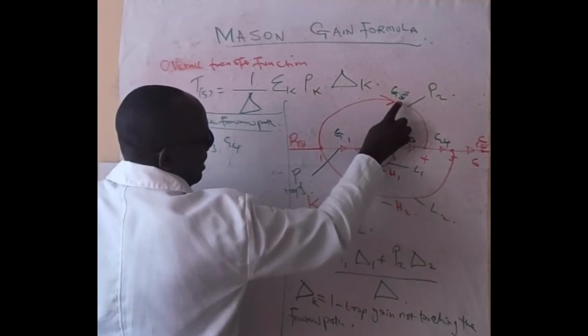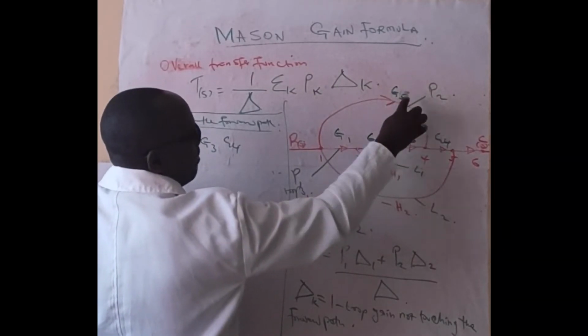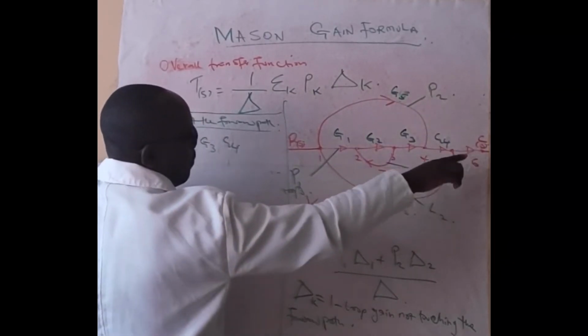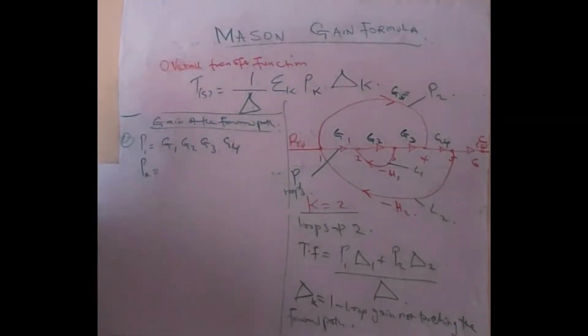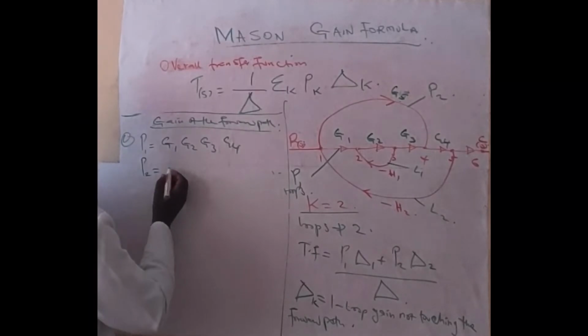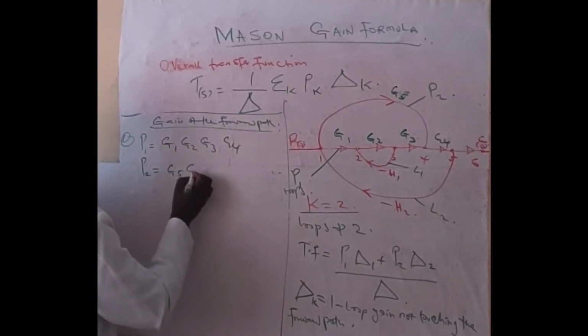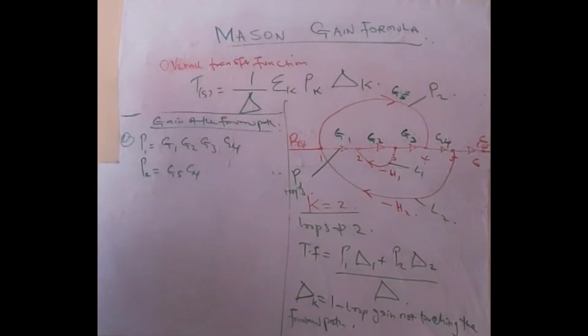We have the gain G5 and then G4, and the gain here is 1, the gain here is 1. The product of that is going to be G5, G4. So we've completed the forward paths of the signal flow graph. We've got two forward paths.